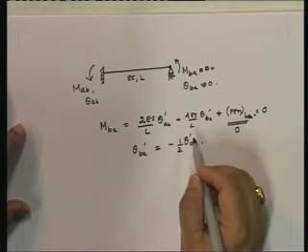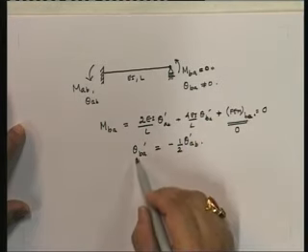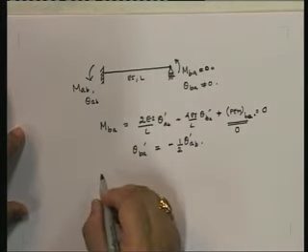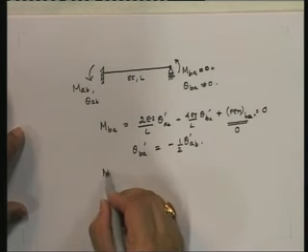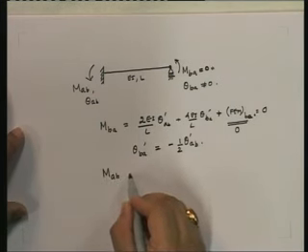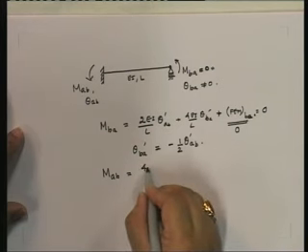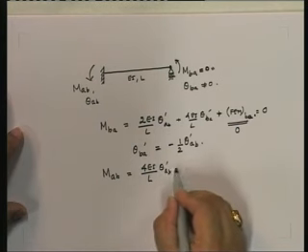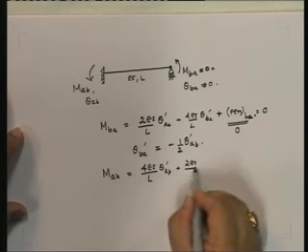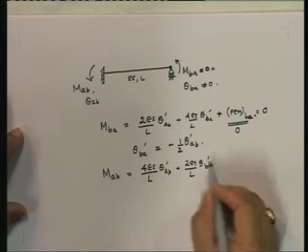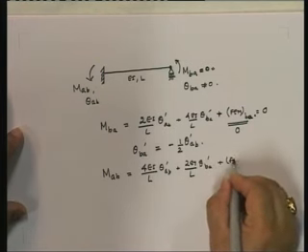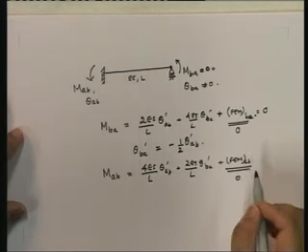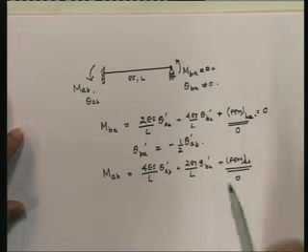So now I substitute. So therefore, if MBA has to be equal to 0, theta BA has to be equal to minus half of theta AB. So now let us see what happens to MAB. MAB is equal to 4EI upon L theta AB prime plus 2EI upon L theta BA prime plus fixed end moment at AB, which for now, in other words, I am considering the situation where there is no member load.